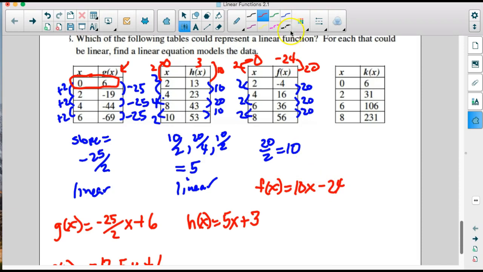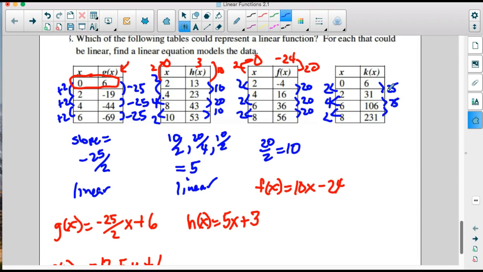All right, now let's look at this one and see if it is also linear. So this is 2, this is 4, this is 2. Let's check these ratios. This is 25. This one is 75.